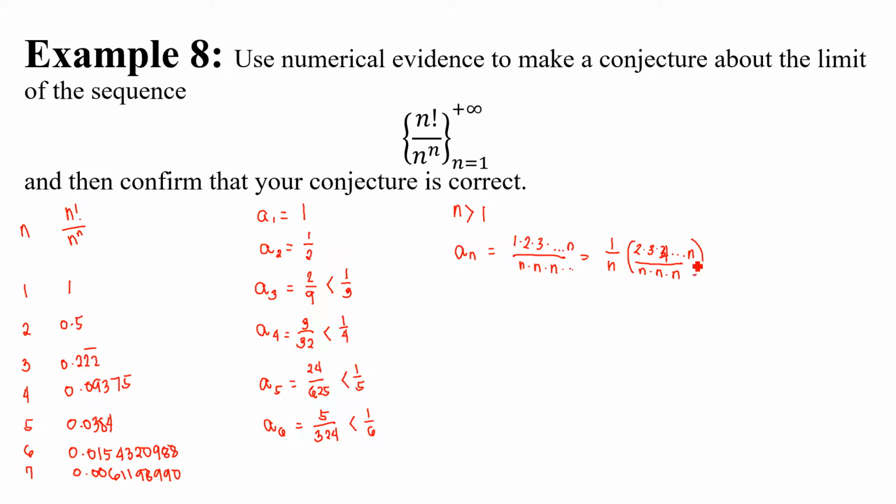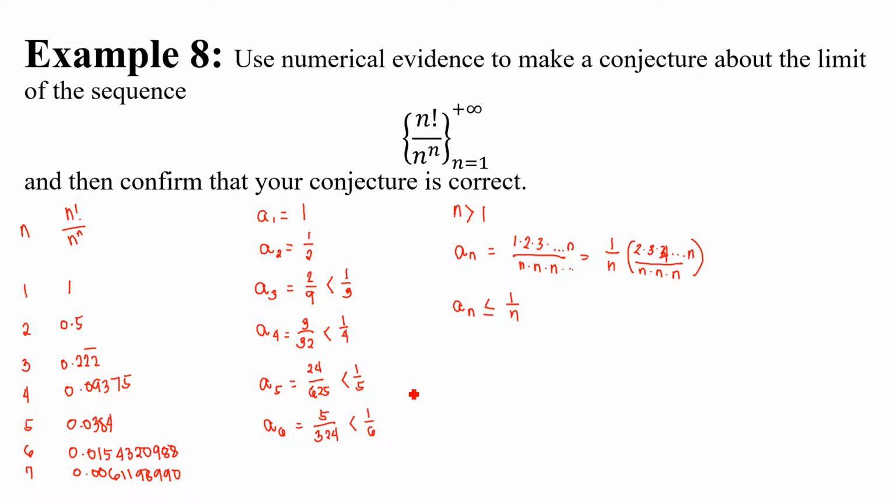It follows that a sub n is less than or equal to 1 over n. As we can see here, they are all less than 1 over n.